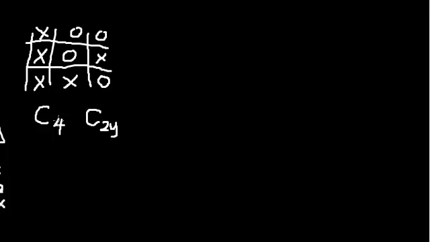And actually the quarter rotation is called a C4z rotation, and the reflection along the x-axis is called a C2x, and the reflection diagonally, it's either a C2xy or a C2yx.